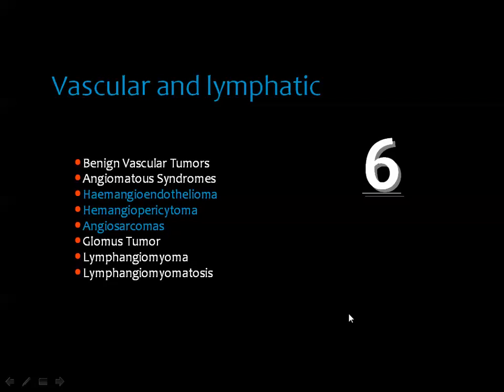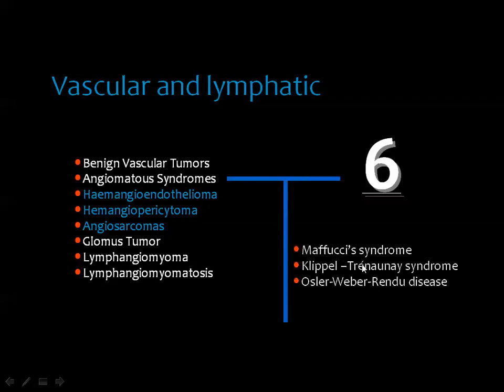Finally, we came to the vascular and lymphatic lesions, and we will start first with the arterial aspect, and then we go to the lymphatic aspect. In this domain, we have the benign vascular tumors, the angiomatous syndromes like Maffucci syndrome, Klippel-Trenaunay syndrome, Osler-Weber-Rendu syndrome.